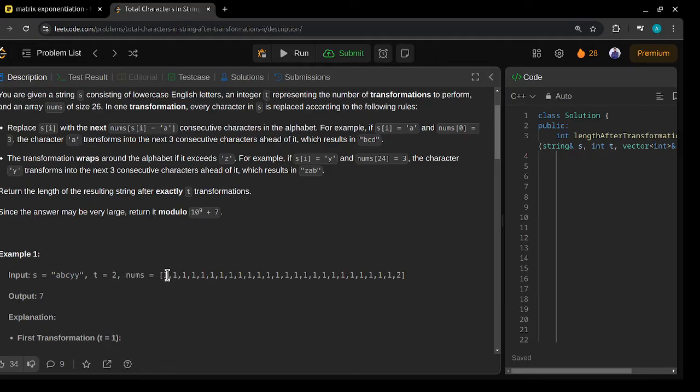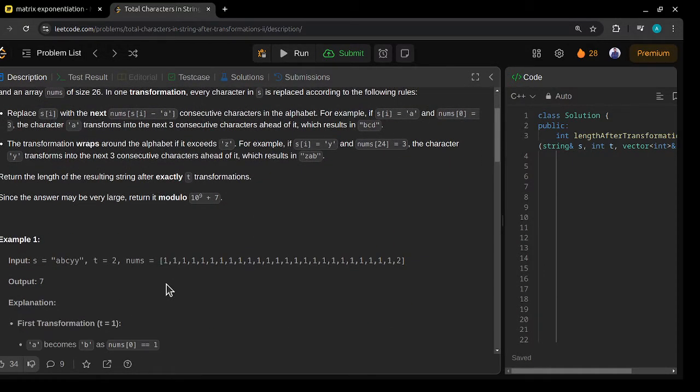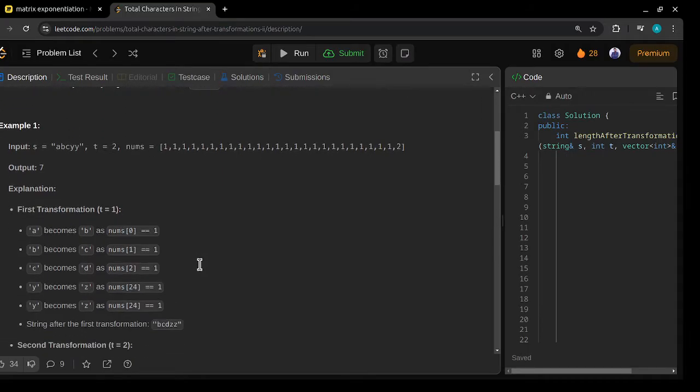And another array, nums. So effectively, at each transformation you can transform a into the next character, which means a will be transformed to b. Let us understand this by an example.